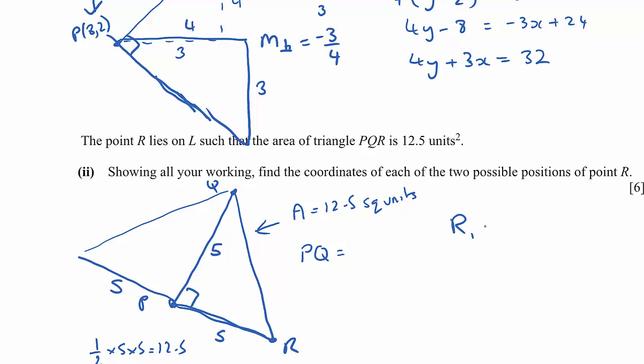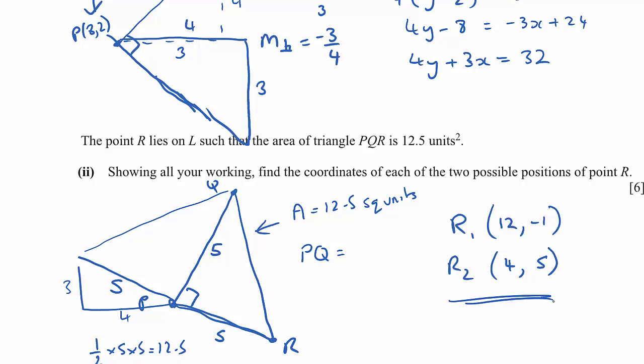So one position of R would be from 8 to 4 across, which is 12, and 3 down, which is -1. And the other position, if we go the other way, like this, so we go 4 this way and 3 up. So from 8 going 4 backwards would be 4, and then going 3 up would give us 5. So those are our two possible positions of R.